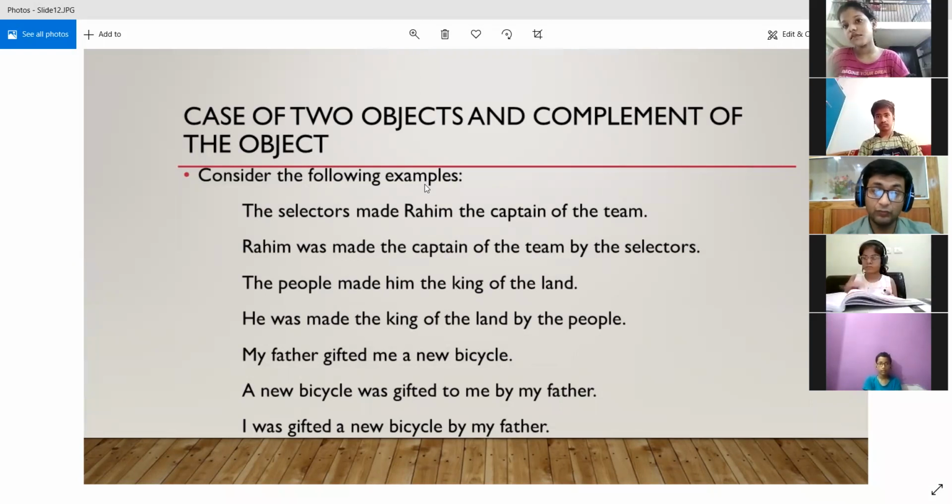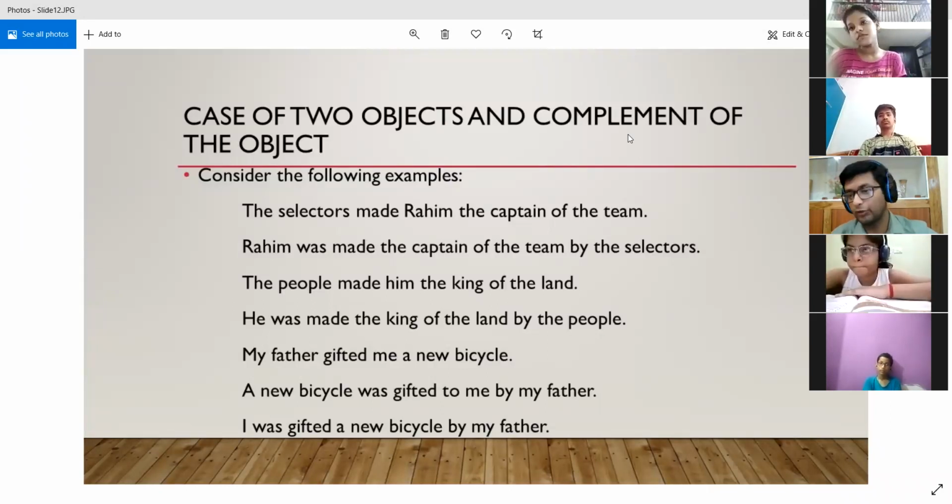And sometimes what happens is there is also a complement of the object present. Complement of the object means something that describes the object more, that gives more details about the same object. So in that case, there are not two objects, but one object is present and some extra details are given about that one object only.